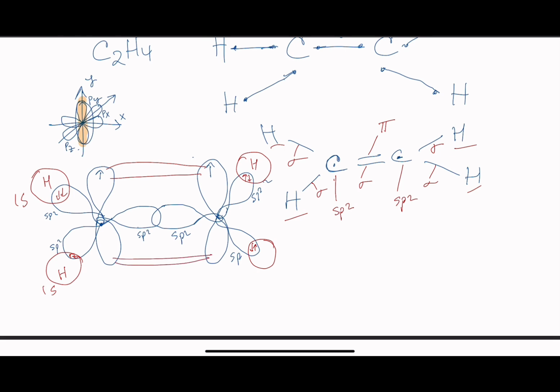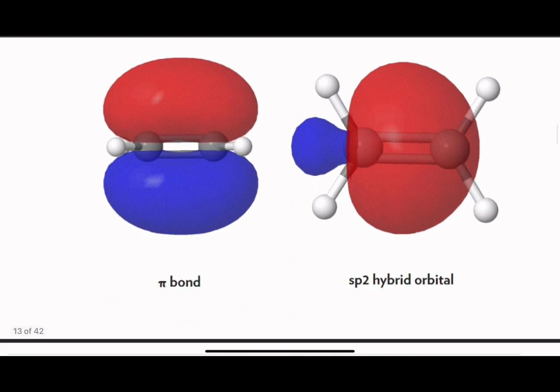Okay, so this bond in the middle is gonna be a sigma bond, but the bond up top and down, so this one and this one, they're gonna be all together one pi bond.